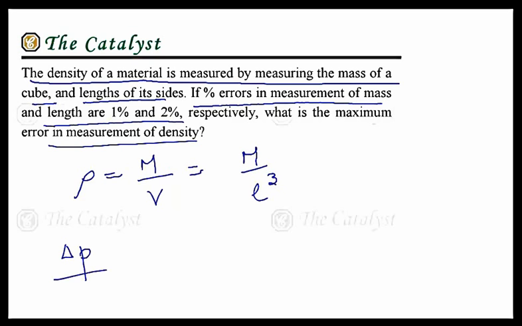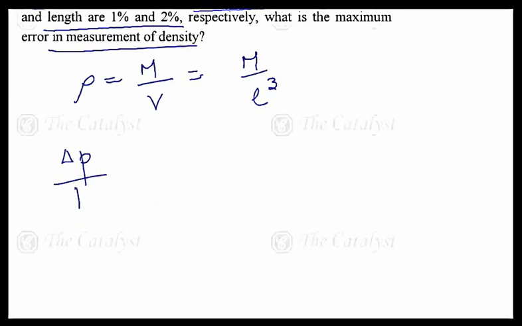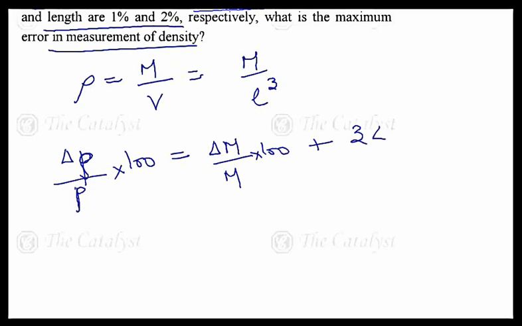So the percentage maximum error, delta rho upon rho into 100, will be given by delta m upon m into 100 plus 3 times delta L upon L into 100.